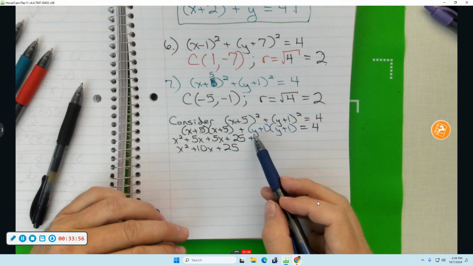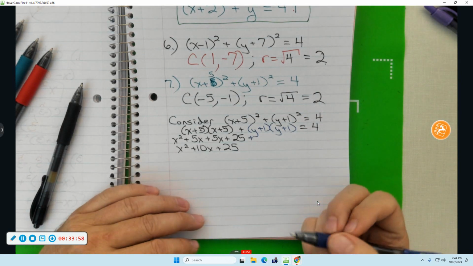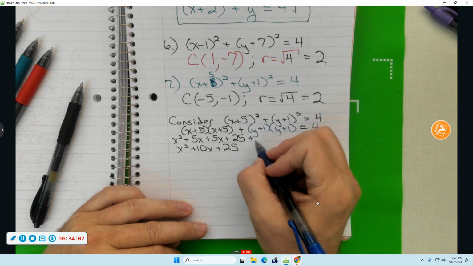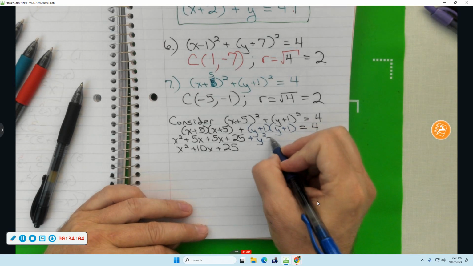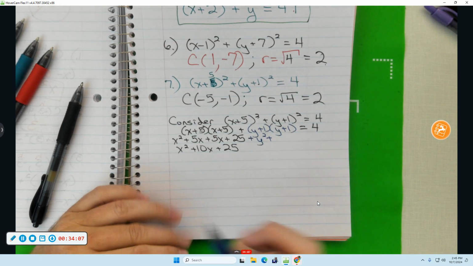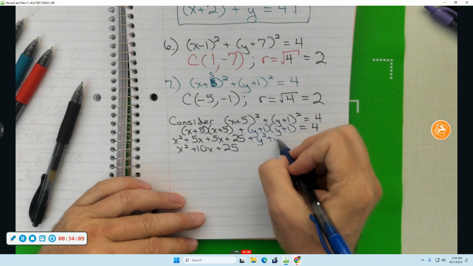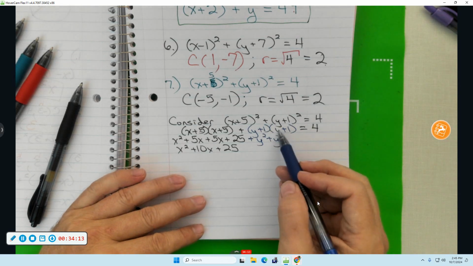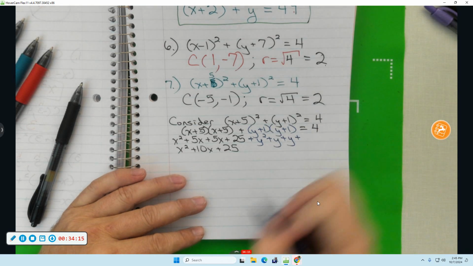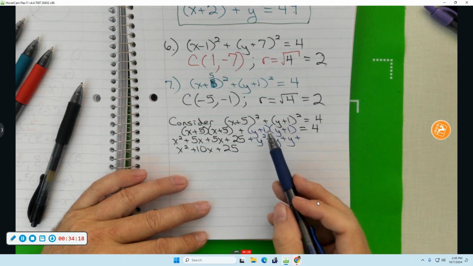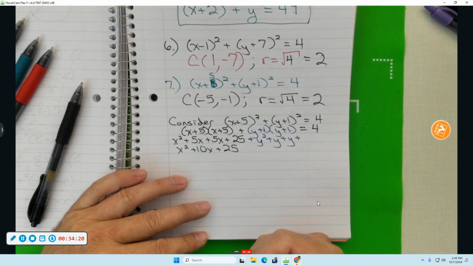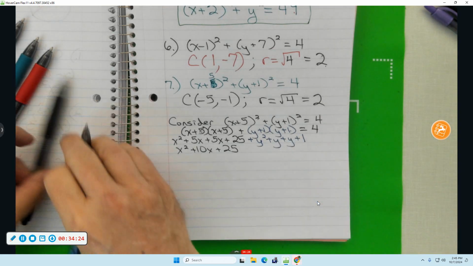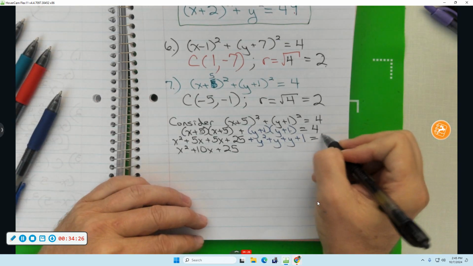Now let's expand the y plus 1 times the y plus 1 by FOILing that out. Y times y first is y squared plus y times 1 is 1y plus the inner product is another y plus last 1 times 1 is 1 equals 4.